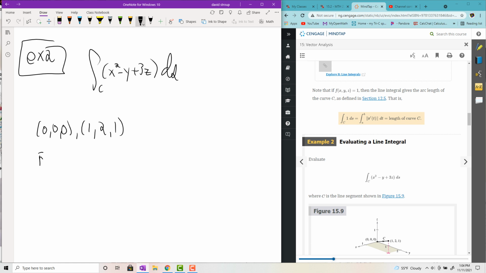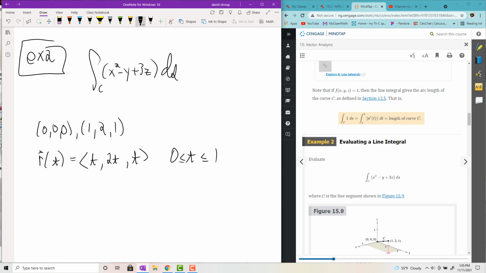It's just r of t equals t, 2t, t, with the parameter t going from 0 to 1. If you plug 0 in there, you get 0, 0, 0. If you plug 1 in there, you get 1, 2, 1, and it works. So I just guessed it.